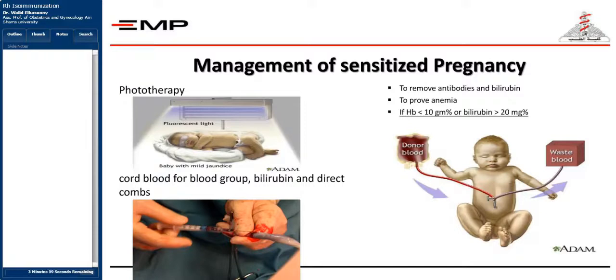We should do phototherapy for the cases of jaundice, and if the condition is severe, we could give exchange transfusion to the baby, where we give donor blood and take away the blood that is full of the antibodies that could cause further hemolysis. So we could replace the neonatal blood, now he's a neonate after the delivery, by exchange transfusion.